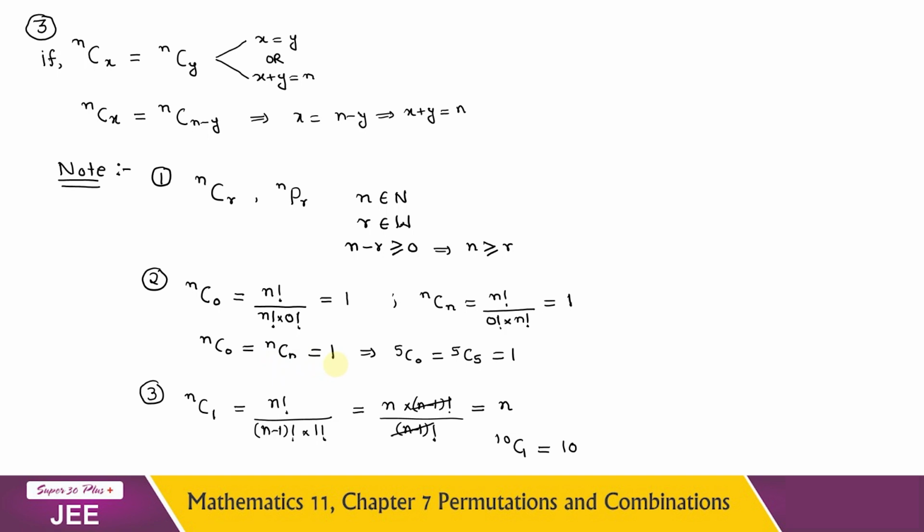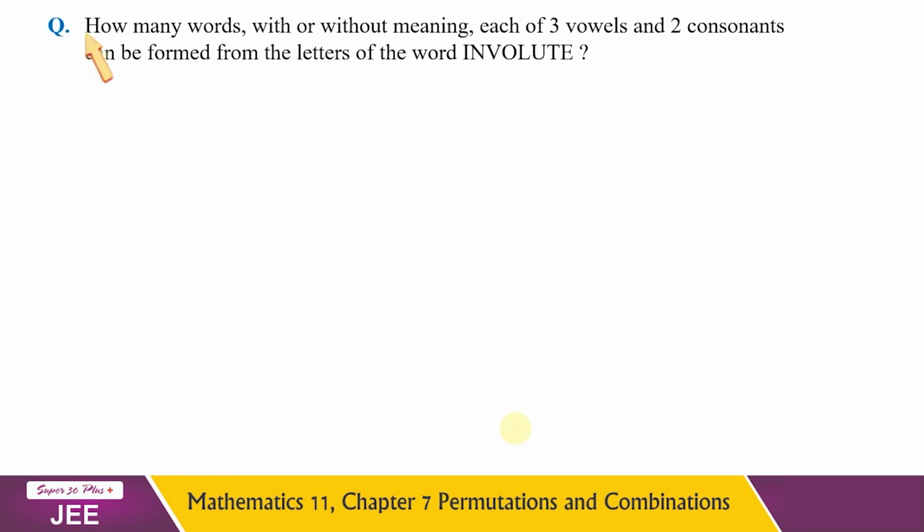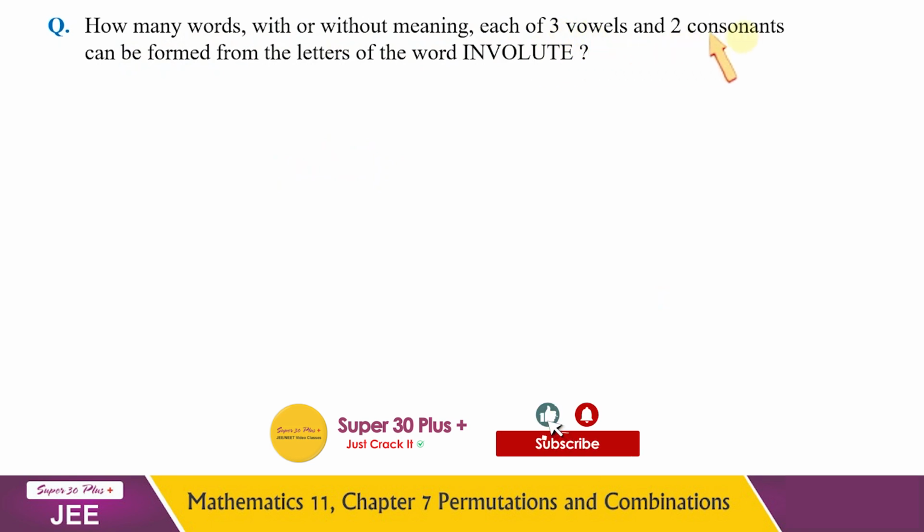Now let's move forward and solve a few questions based on the formula of nCr or the concepts of combinations. This question says, how many words, with or without meaning, each of 3 vowels and 2 consonants, can be formed from the letters of the word INVOLUTE?